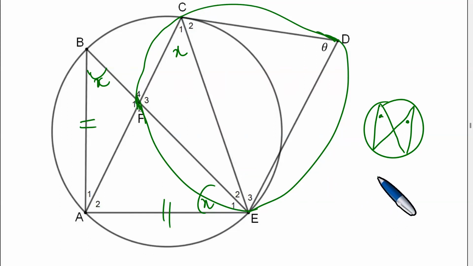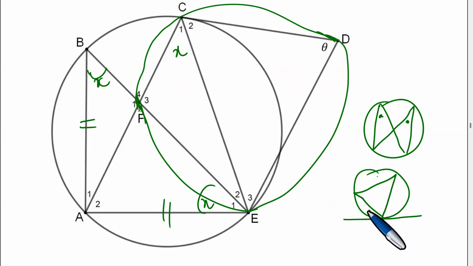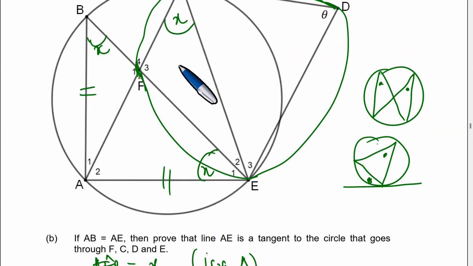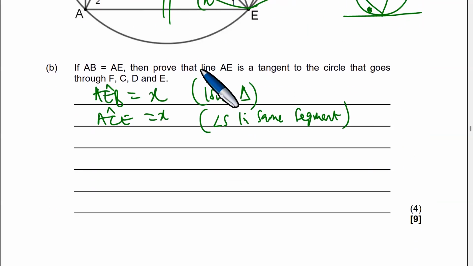Yes. By tan-chord theorem, if you have something like this, the angle here is equal to the angle there. So angle AEB is equal to angle ACE.